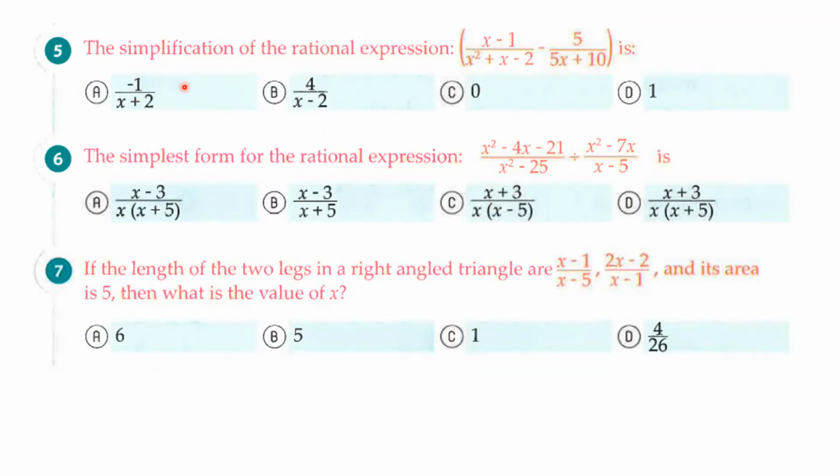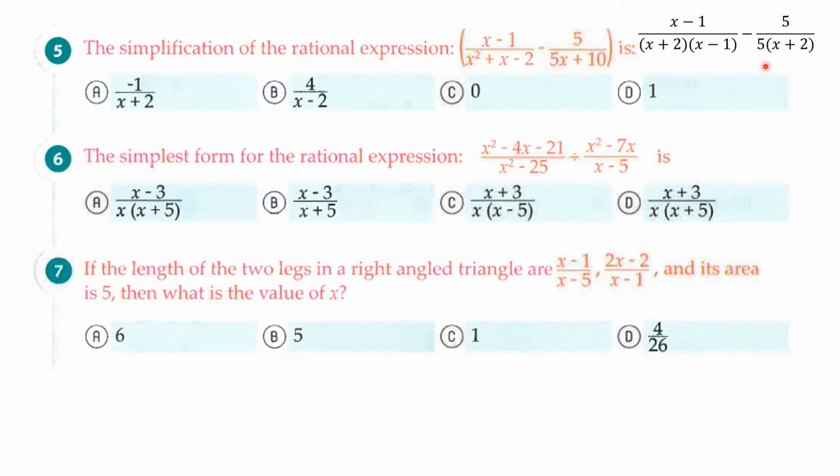Question number 5, the simplification of the rational expression that's given. I want to subtract, so obviously denominators have to be equal. First, we will start by factoring x squared plus x minus 2 into x plus 2 times x minus 1, and 5x plus 10 into 5 times x plus 2.